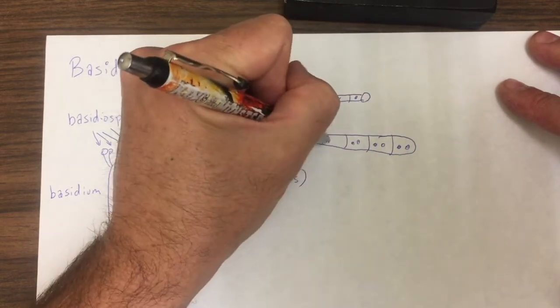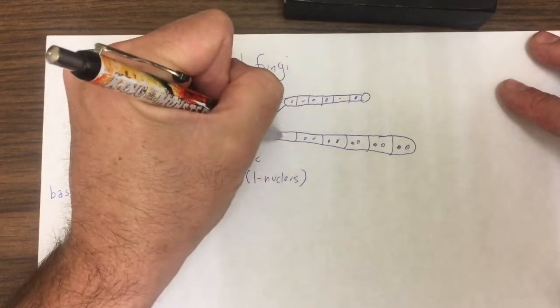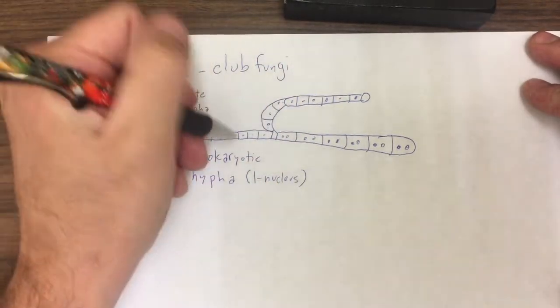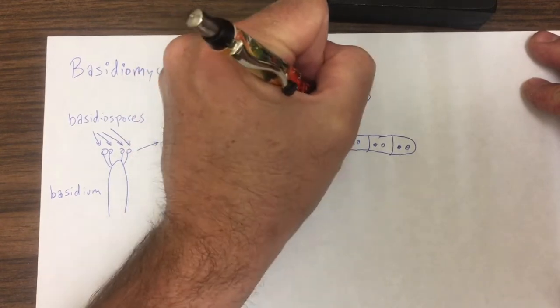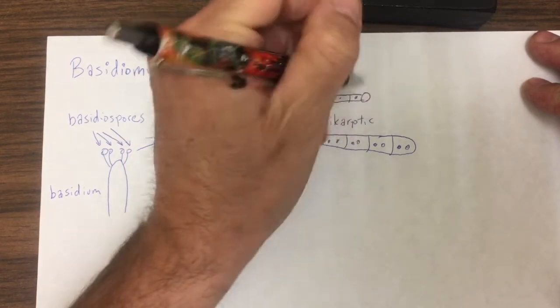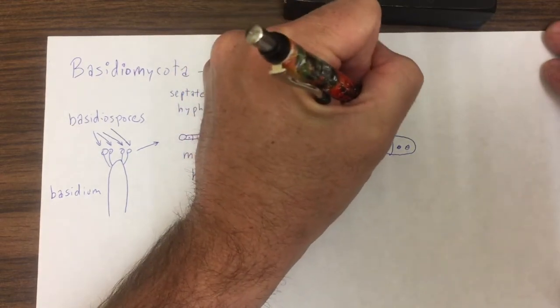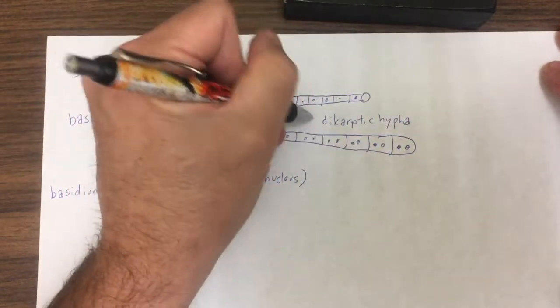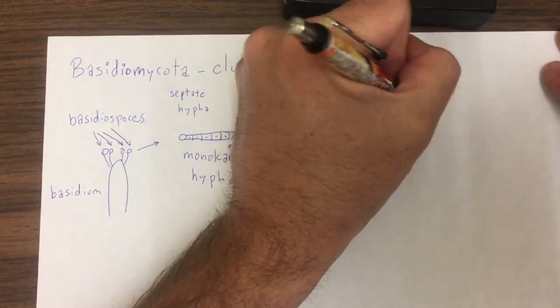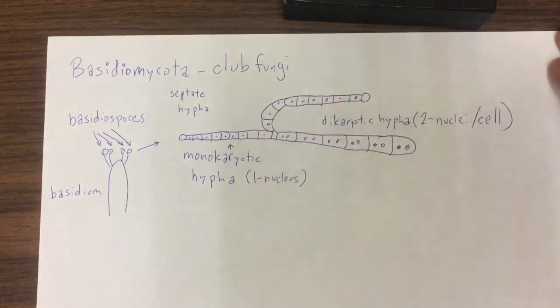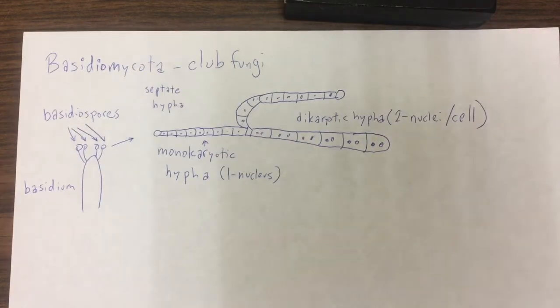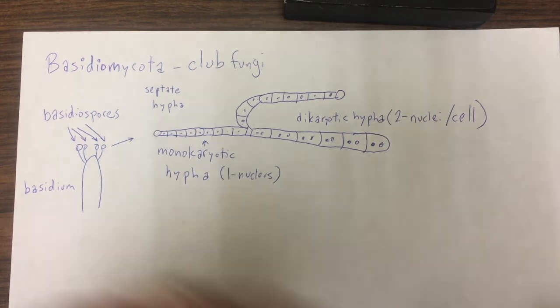What we call a dikaryon. So they have 2 nuclei per cell. And these dikaryotic hyphae can persist for a very long time.